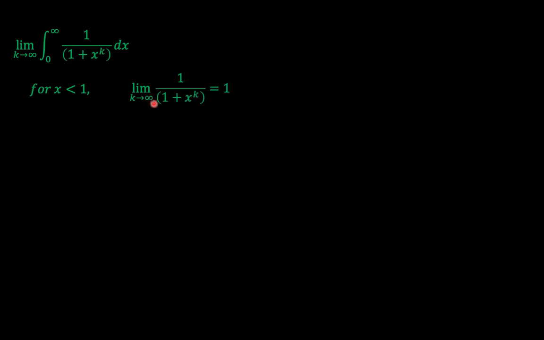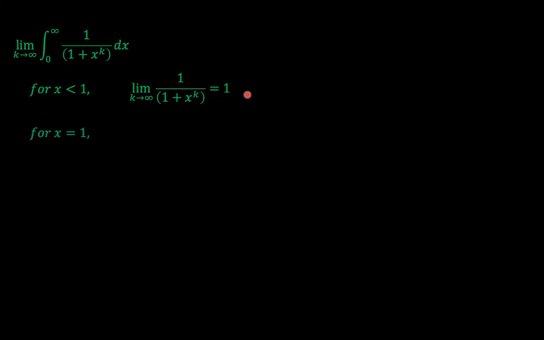What about the green integral? The limit of k tending to infinity of the integral from 0 to infinity of 1 over 1 plus x to the power k. We know that for x less than 1, for any value between 0 and 1, the limit of k tending to infinity of 1 over 1 plus x to the power k is equal to 1.